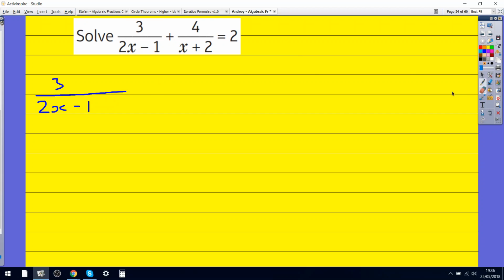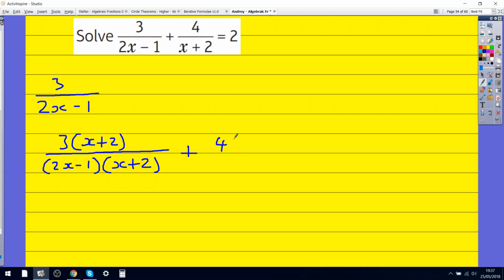So the fraction on the left would come out as 3 times x plus 2 as the numerator, and on the denominator it'd be 2x minus 1 and x plus 2. And with the fraction on the right it would be plus 4 times 2x minus 1 over 2x minus 1 and x plus 2.